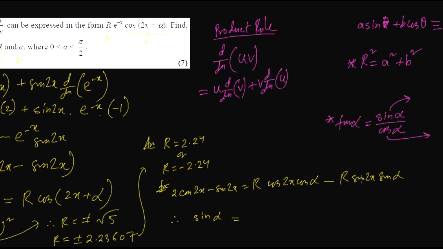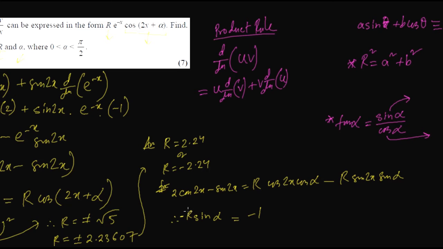With sine 2x on this side, you have minus r sine alpha.